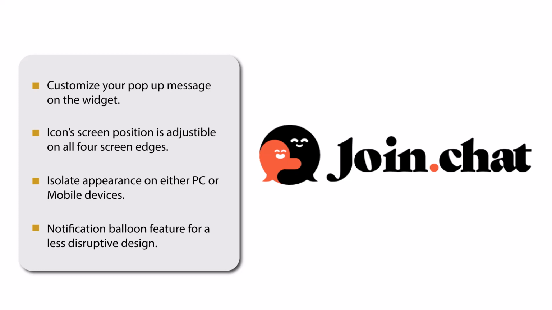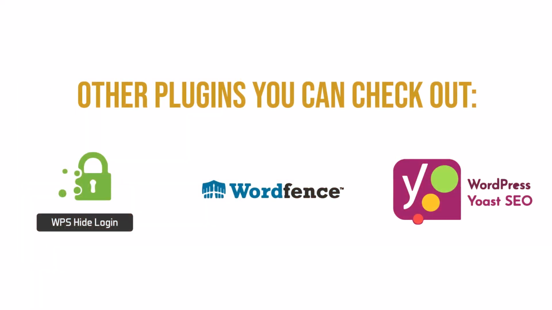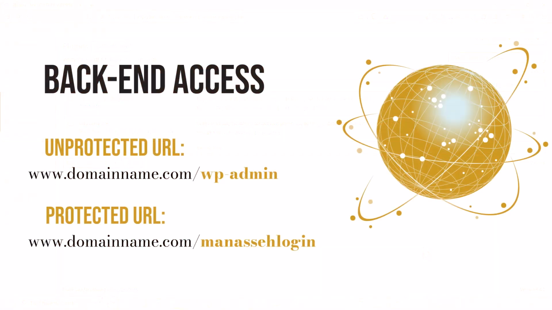So that's it. There are other plugins that you could check out. One of them is called WPS Hide Login. I like this plugin because technically, if you're using a WordPress website, how you access the backend of your website is by typing wp-admin at the end of your website's URL.